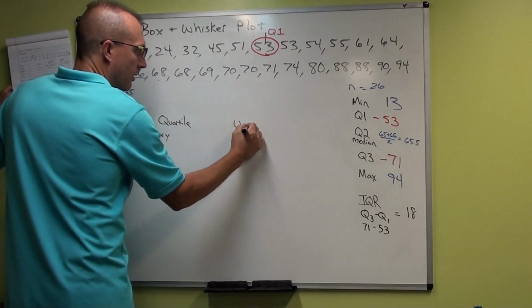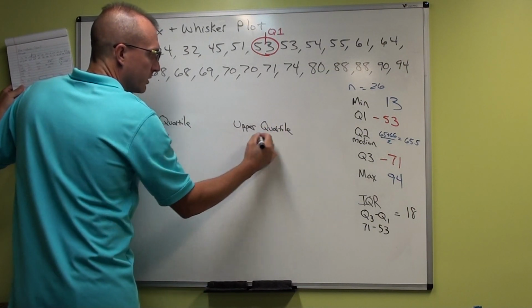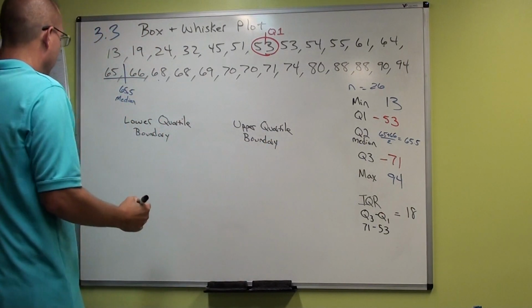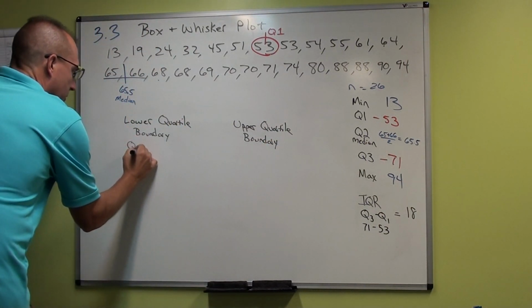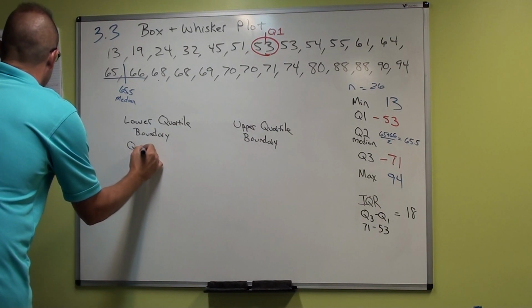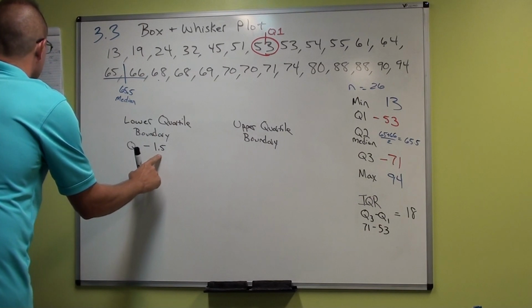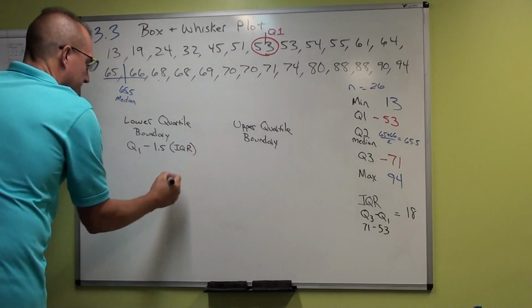And then your upper quartile boundary. Alright, they have a formula, of course, right? This is Q1 minus 1.5 times your IQR.